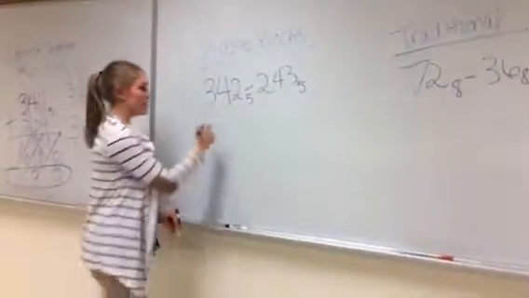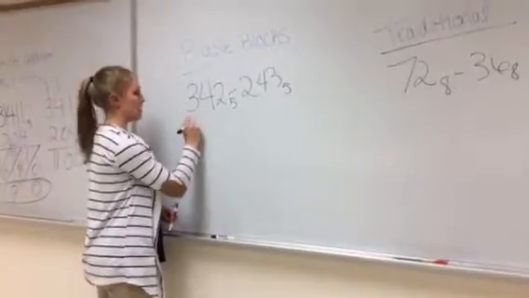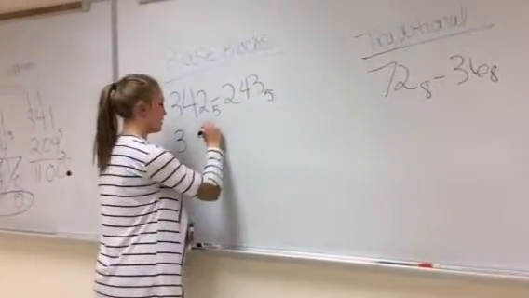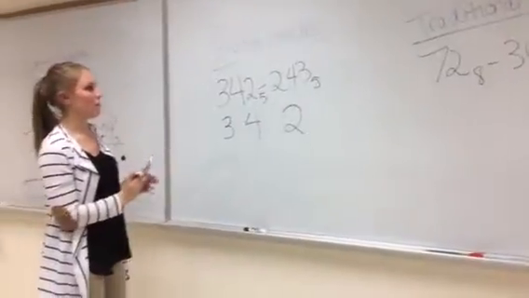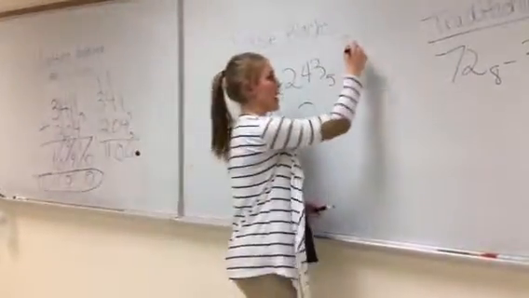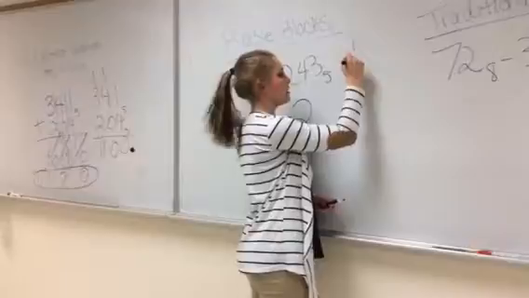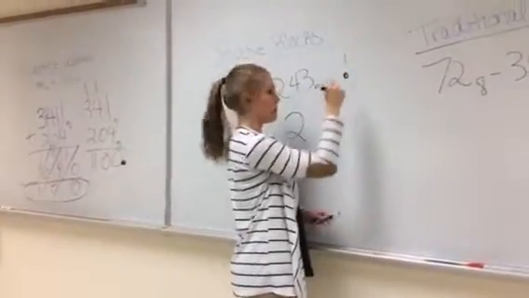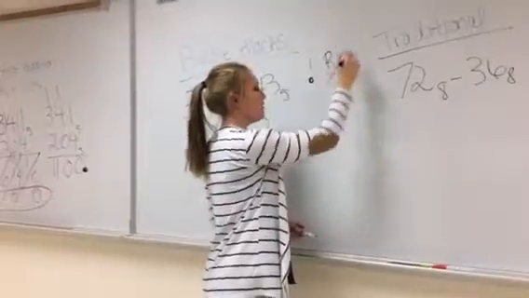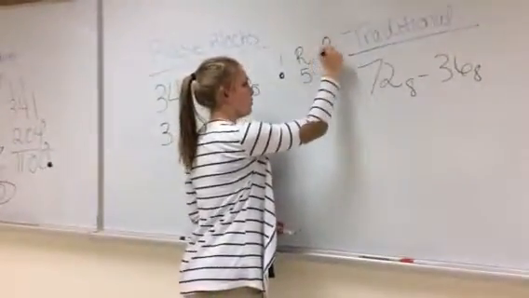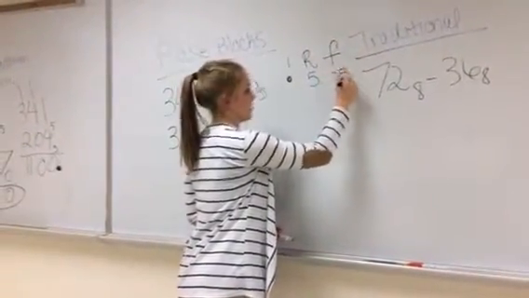When using these for base blocks, I will write out my numbers like this. So in this problem in base 5, we know that 1 unit is represented with a dot. We know that your rod will be represented with a 5, and we know that a flat will be represented as 25.